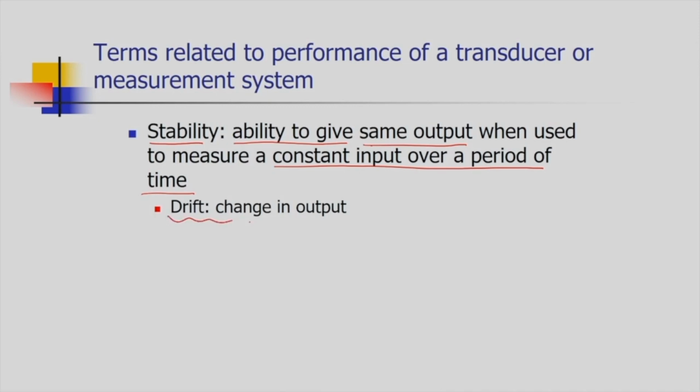The change in output is measured in terms of a parameter called drift. Although we are giving the same input to the system, the output is varying, diverting from its target, and that is called the drifting of the output value.